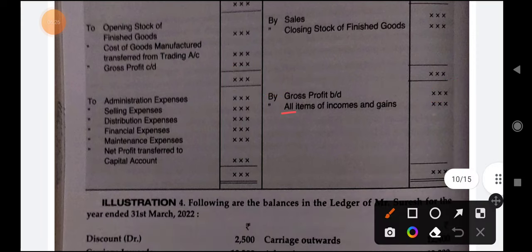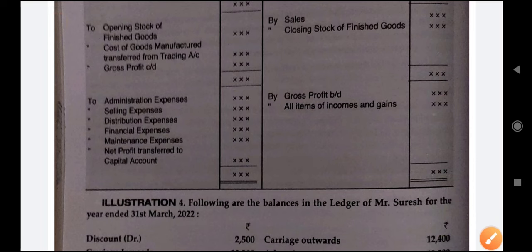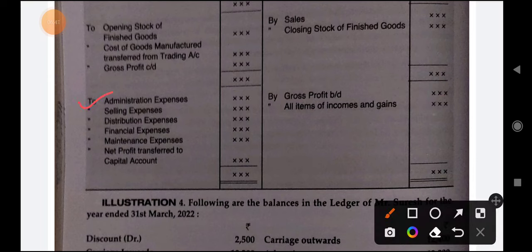All items of indirect incomes and gains, interest received, dividend received, discount received, rent received, will be on the credit side. On the debit side we will have administration expenses, selling and distribution expenses, financial expenses, maintenance expenses.